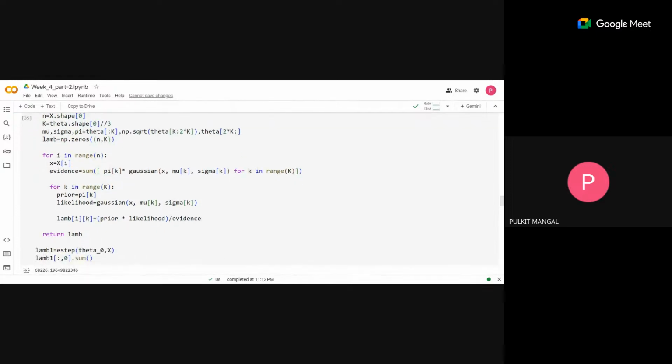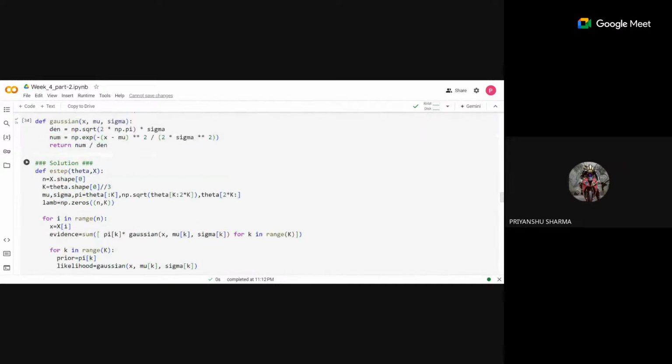Okay, let's see if there's any more mistake. And in the M step, Sir, can you please first show me what changes you have made? np.sqrt is the only one change, right? Yeah, I put everything in the np.sqrt.